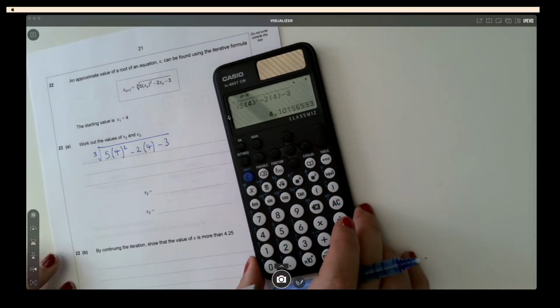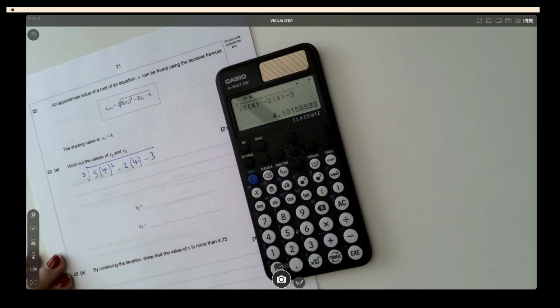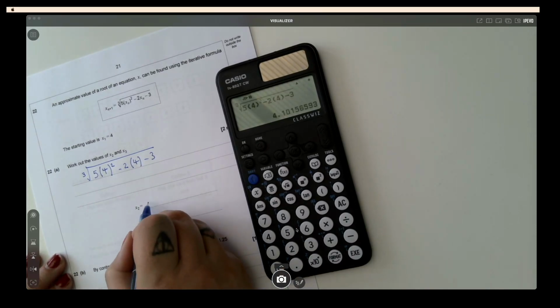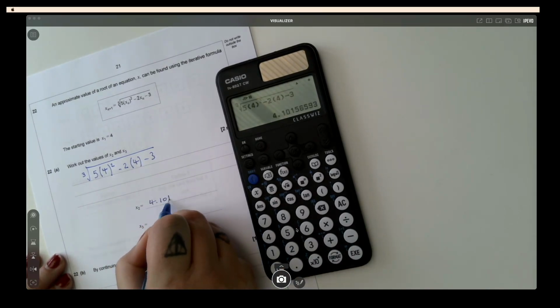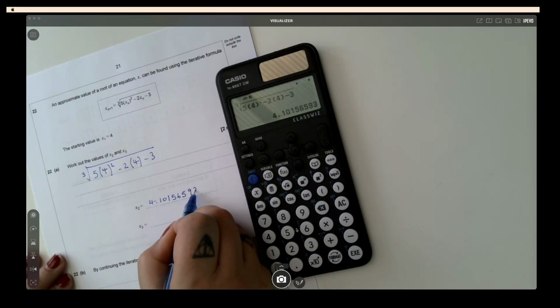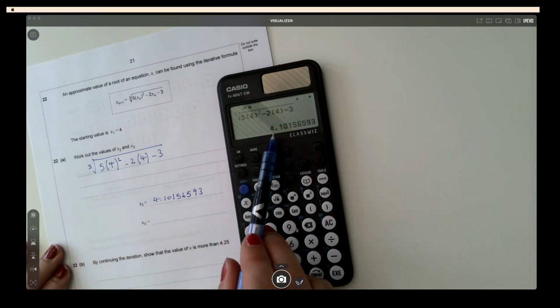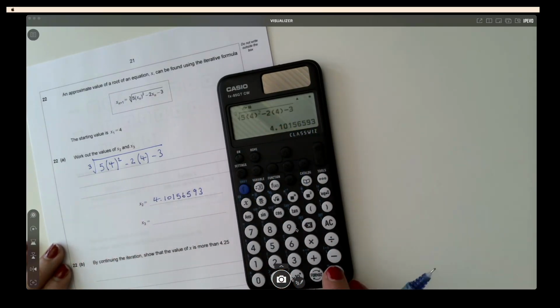Then I press equals. So x2 is 4.101565593. That's my answer.